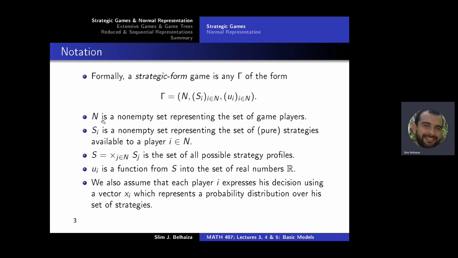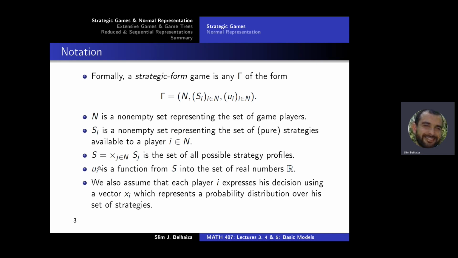Of course, the set of players N is a non-empty set representing the set of game players. Si is also considered as a non-empty set representing the set of pure strategies available to each player i. And we'll have the cross product of all the sets of all possible strategy profiles, which we may call S. For all j in N, this is the Cartesian product of all the possible strategies.